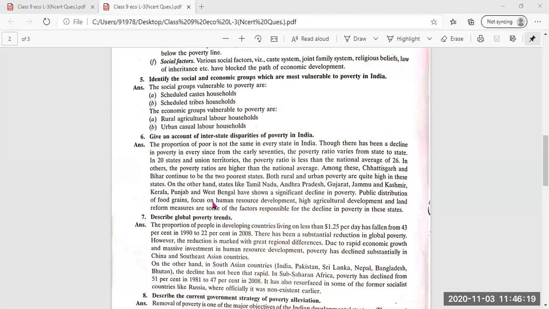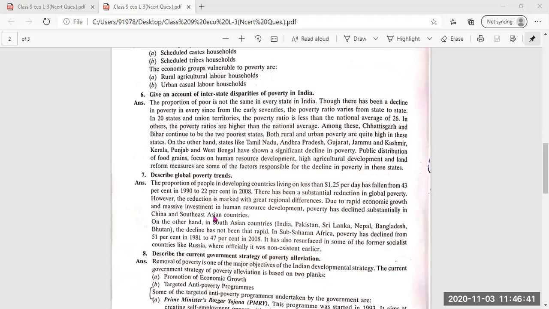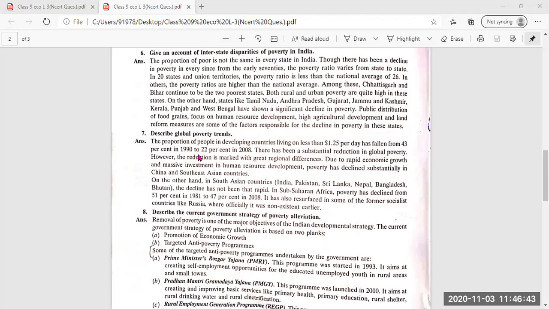In this way, we can increase human resource development. Then, high agricultural development and land reform measures are some of the factors responsible for the decline in poverty in these states. So, these are the factors responsible for the decline in poverty in the states. Clear?